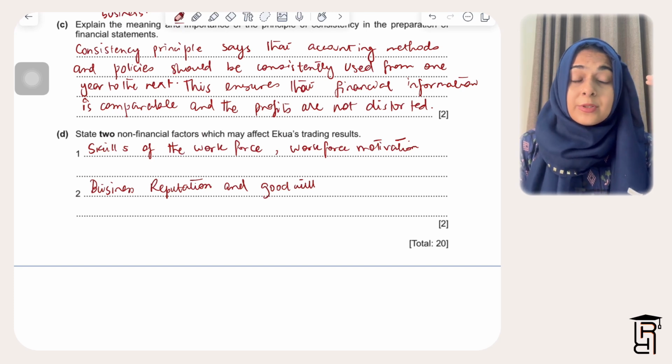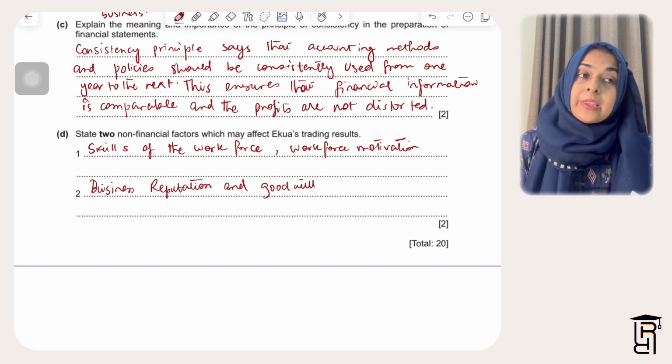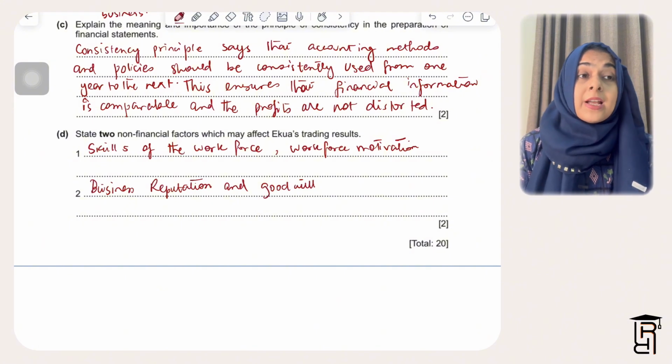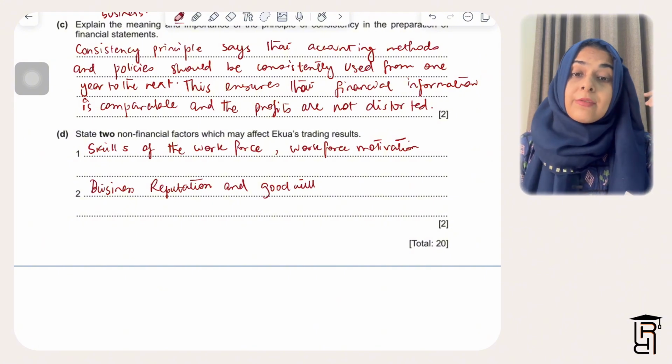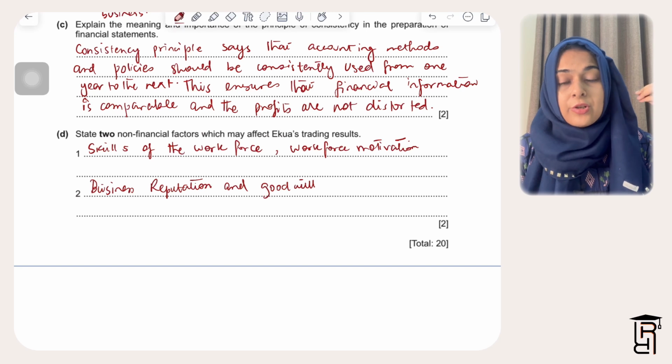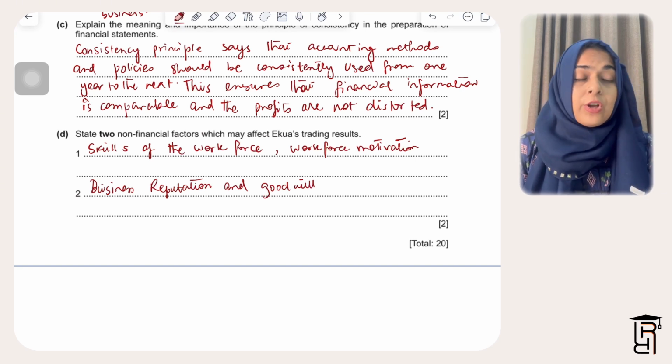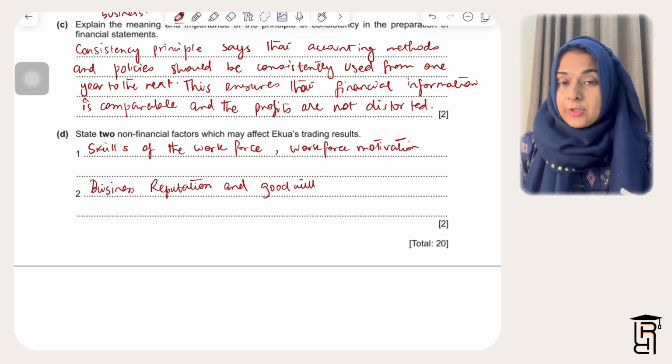That is why customers are also loyal towards your brand or your business. All of that basically creates reputation in the market for a particular business. However, you can't give any numerical value to the reputation of the business. So if you can't give a numerical value, then it's a non-financial factor.